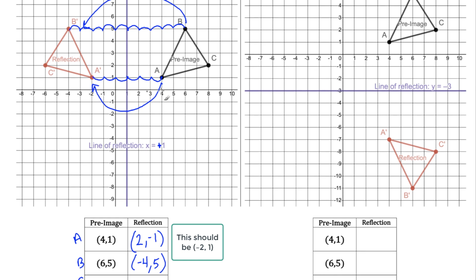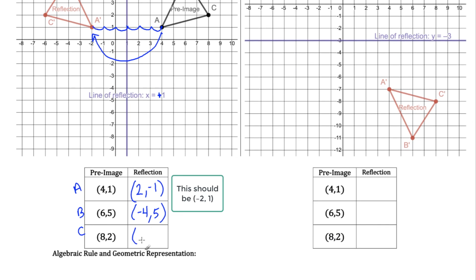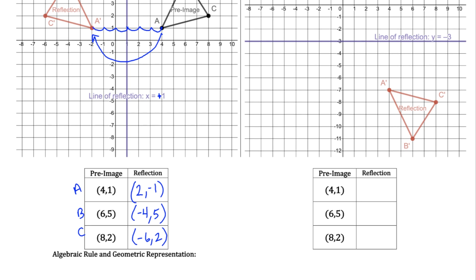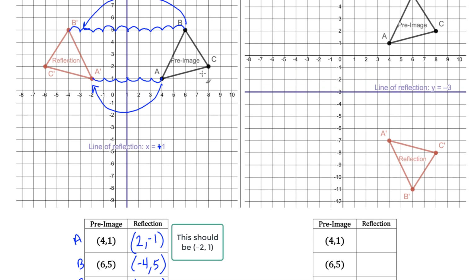And lastly, we have C, which was at 8, 2, and now it's at negative 6, 2. And it was also flipped over this line. Before it was 1, 2, 3, 4, 5, 6, 7 units away from it on the right side. And it is 1, 2, 3, 4, 5, 6, 7 units away on the left side.